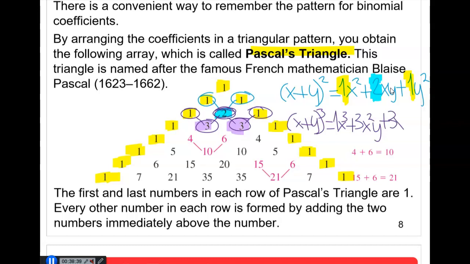And then it will be 3x to the first power and y squared. And for the very last term, it will be 1y to the third power. So Pascal's triangle is a lot easier to compute, and you could also use your notes if you're doing expansions. Let's say the very last row here, it will cover the coefficients for the expansion of x plus y or any other binomial to the power 7.